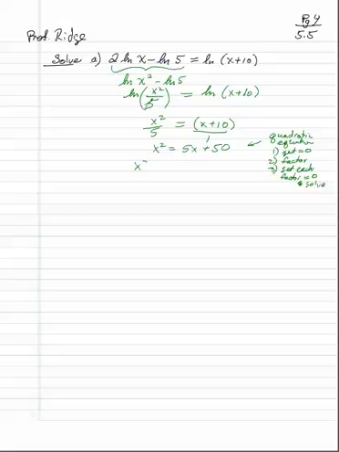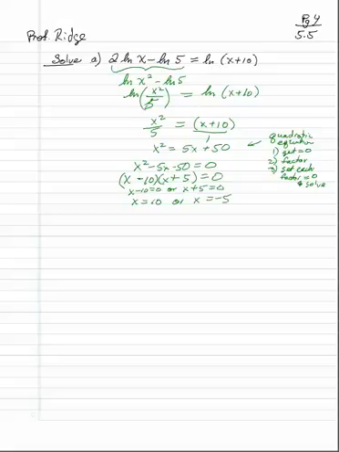We got x squared minus 5x minus 50 equals 0. Factor 50, subtract the 5. So that's 10 and 5. Bigger one's minus, signs are different. And then we get x minus 10 equals 0, x plus 5 equals 0, so x equals 10, or x equals -5.